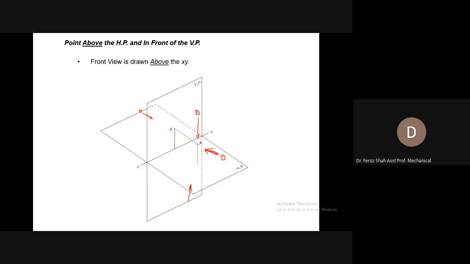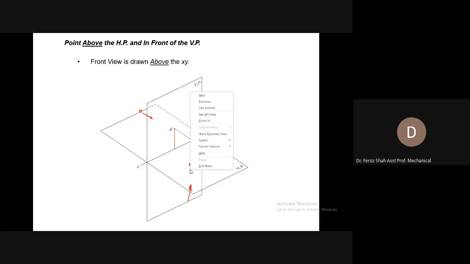For example, if the observer is looking at this point from above, the ray emitting from the observer and striking the point would draw the view of this point at the horizontal plane. This is called the top view. The top view is always formed at the horizontal plane, and it is annotated with a small case letter but without a prime on it.